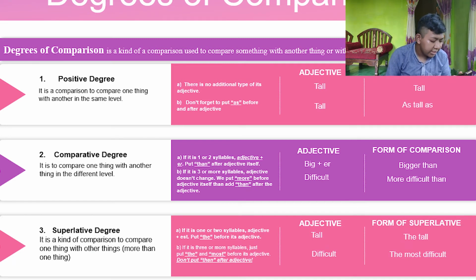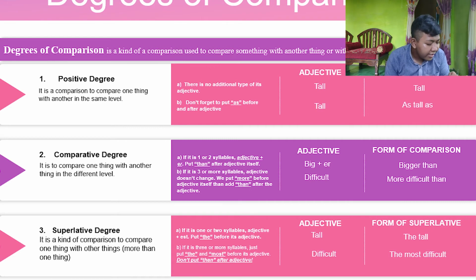For example, the adjective big, so the form of comparative is bigger than, right? Slim, smart, short, shorter than. You get the point. For example, Borobudur Temple is bigger than Prambanan Temple.